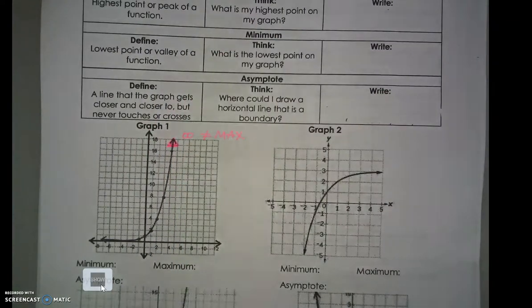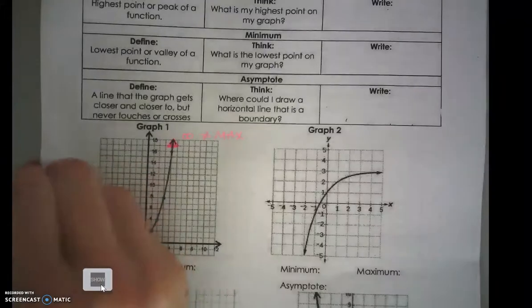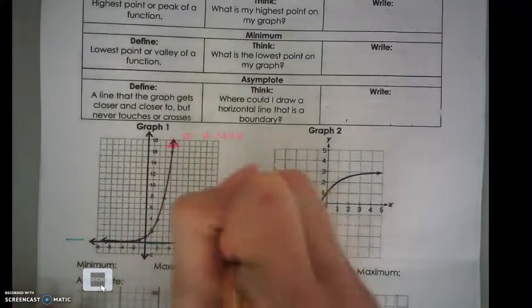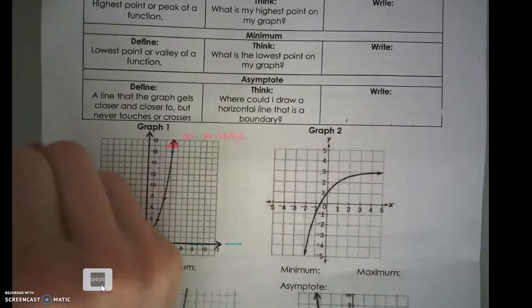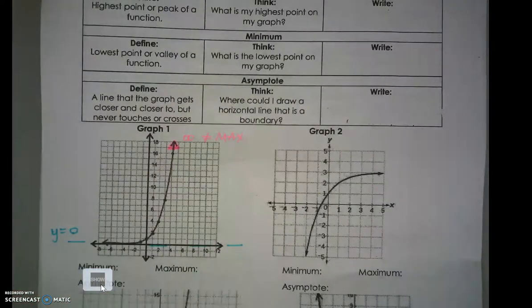Okay? My asymptote is at y equals 0, but I never actually touch this line. I never actually get to y equaling 0. So what we're going to talk about is it approaching a maximum or approaching a minimum.